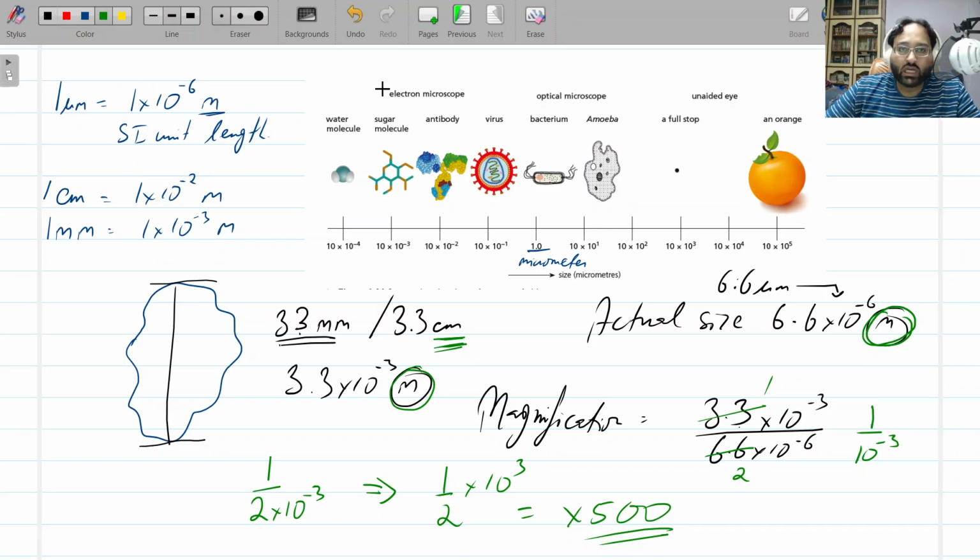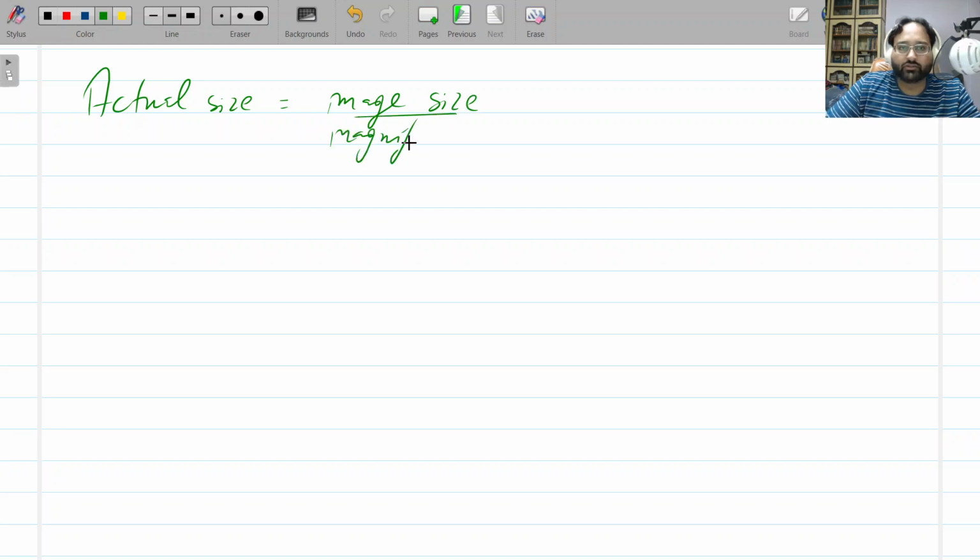Now, another way this can be given is you're asked to find the actual size. Actual size is image size divided by magnification.